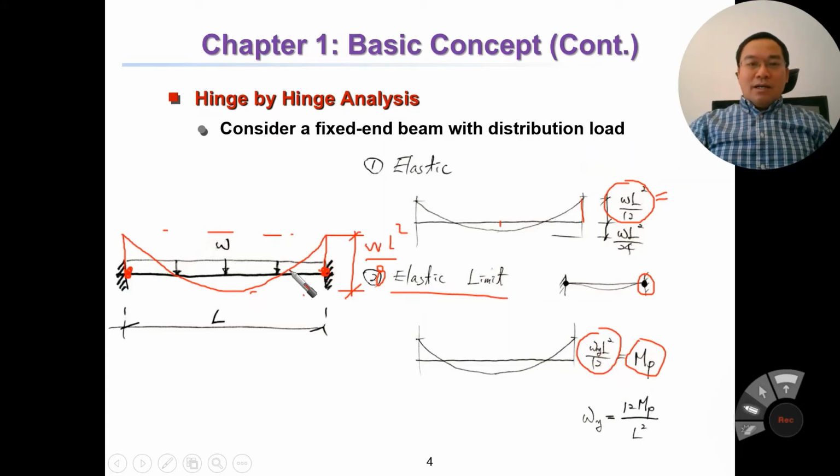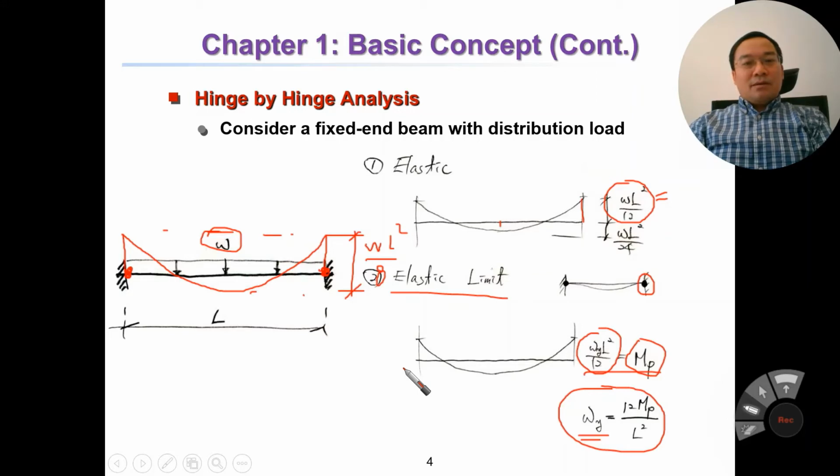Wy is the load at the elastic limit. So from this equation, we have Wy equal to 12 Mp over L square. Again, Wy is the elastic limit load.